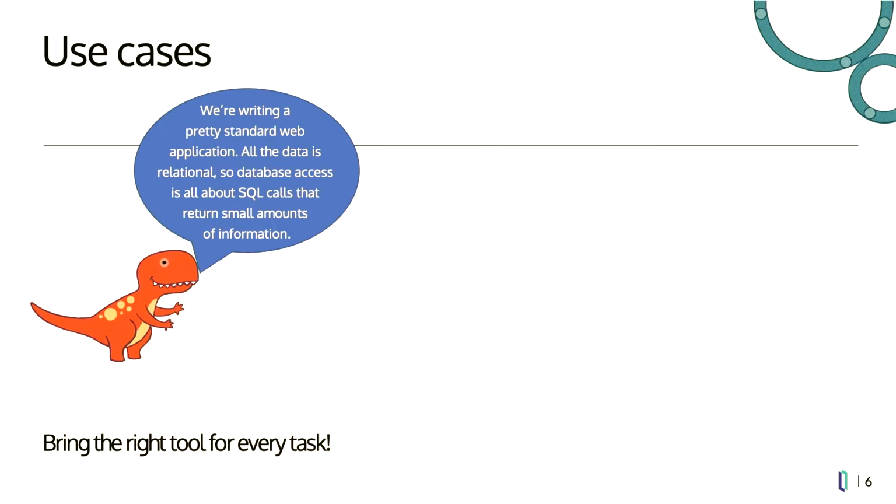So how do you decide which one is right for you? Well, I have a little story here. The first user persona we have is the person who's writing a standard web application. This is pretty much traditional full stack development. All your data is relational, and so the database access is all about SQL calls.